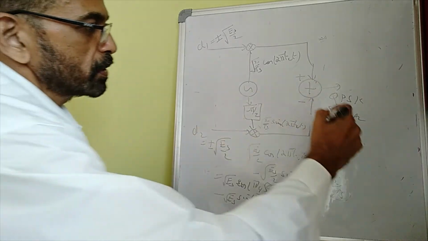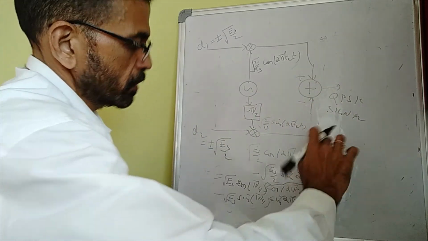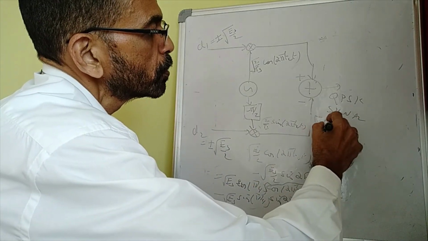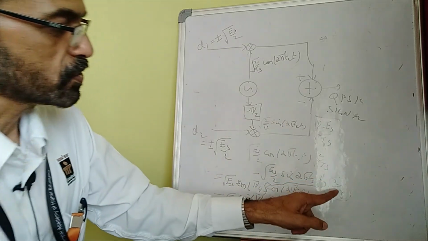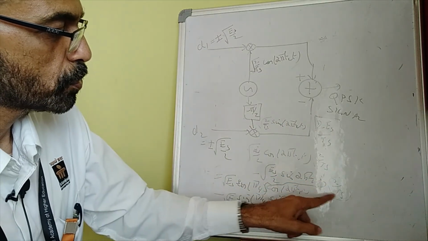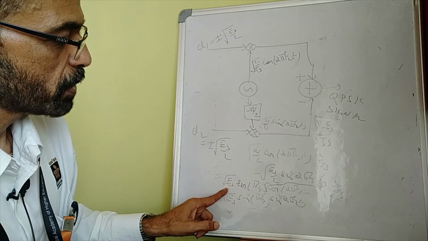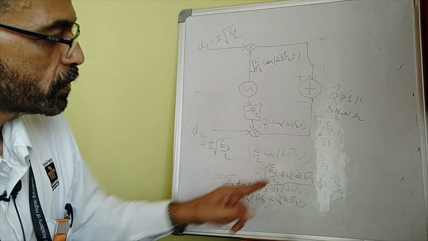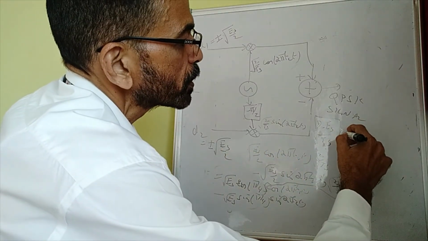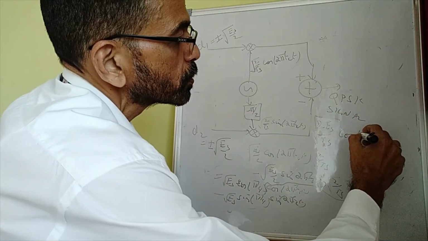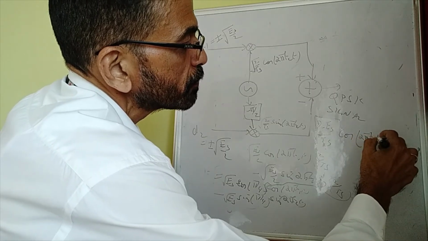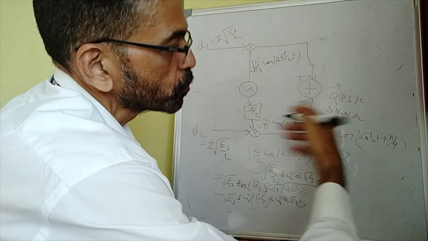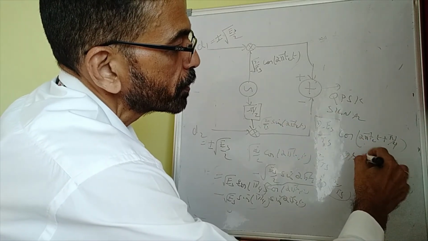So that will give me the QPSK signal in that signaling interval as equal to root of 2 Es by Ts, that is, this root 2 by Ts which is here I multiply with this, and I get root of 2 Es by Ts, and then I use the trigonometric identity to end up with cos of 2 pi fct plus pi by 4, which corresponds to the signal s naught t.